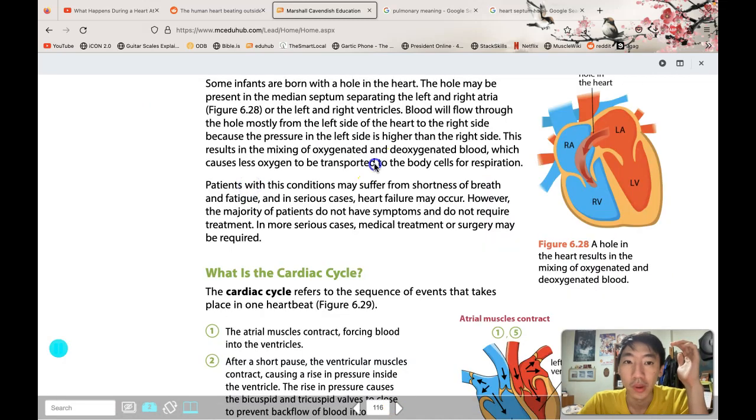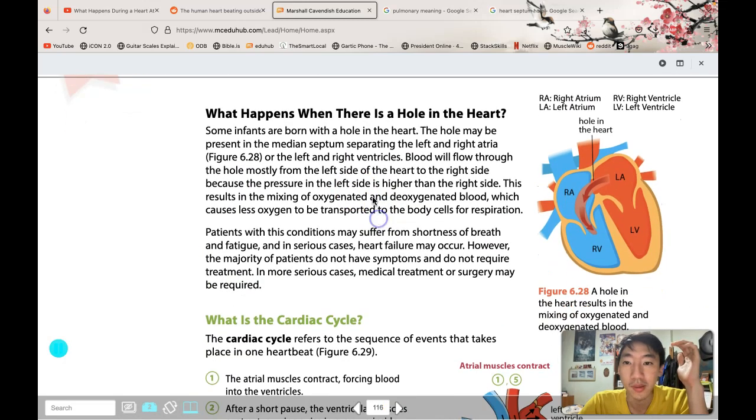Okay, so we are talking a bit about this hole in the heart. Some infants are born with a hole in the heart. The hole may be present in the median septum, separating the left and right atria or the left and right ventricles. Blood will flow through the hole mostly from the left side of the heart to the right side because the pressure on the left side is higher than the right side.